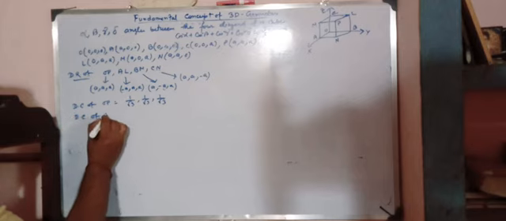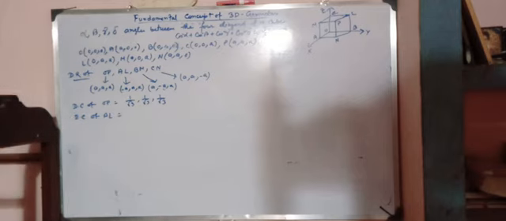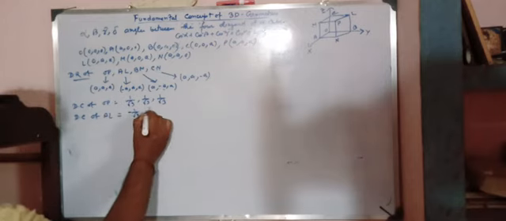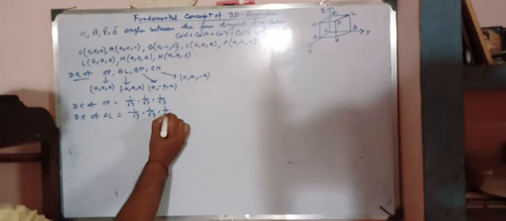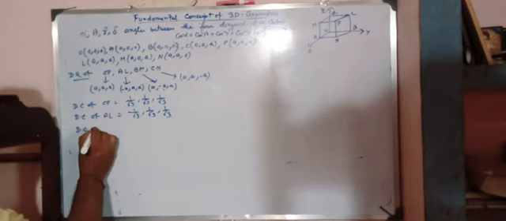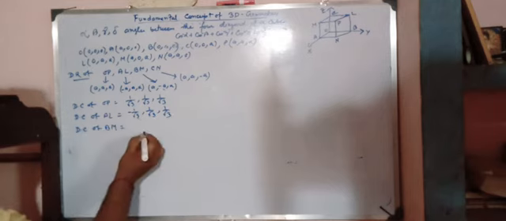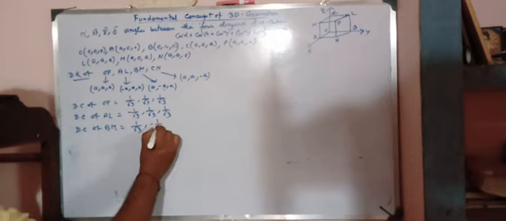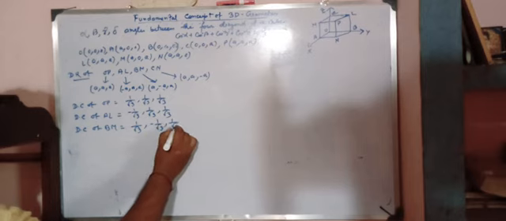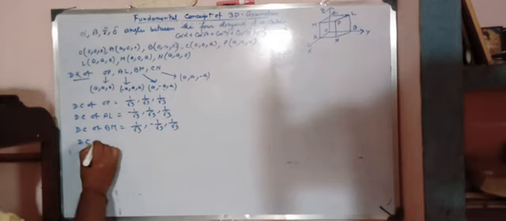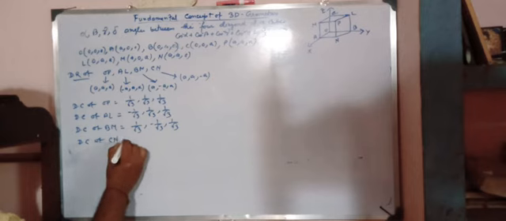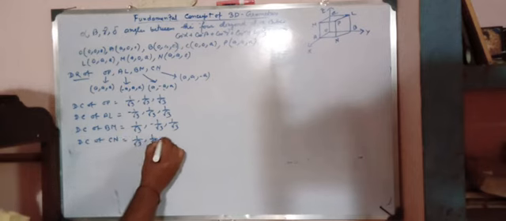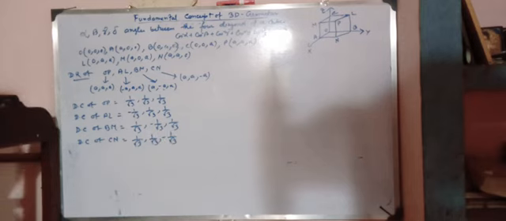Direction cosines of AL are minus 1 by root 3, 1 by root 3, 1 by root 3. Direction cosines of BM are 1 by root 3, minus 1 by root 3, 1 by root 3, and direction cosines of CN are 1 by root 3, 1 by root 3, minus 1 by root 3.